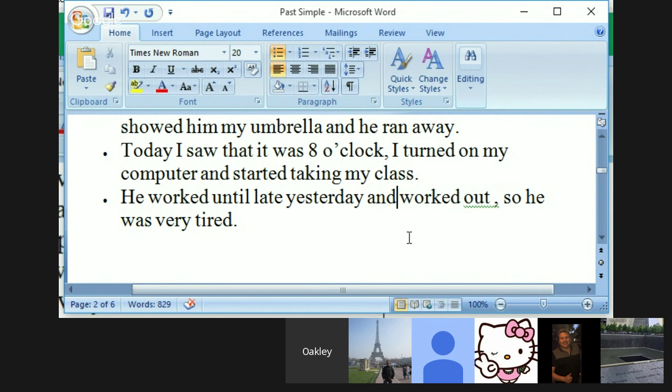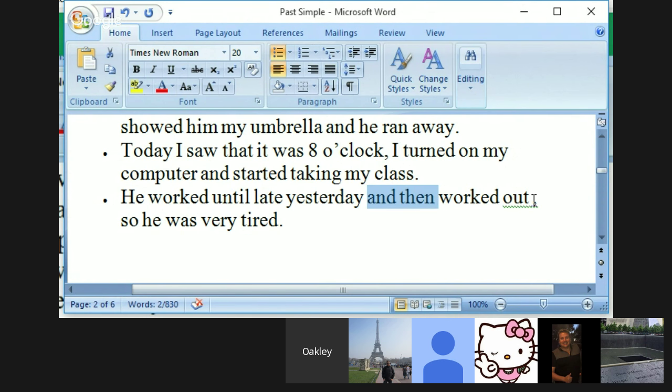Now here, I would definitely add and then worked out. If I wanted to do a list, this is when I would do it this way. Because it's a result, so he was very tired. He worked until late yesterday and then worked out.